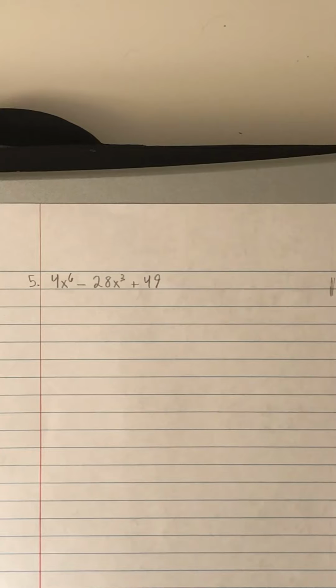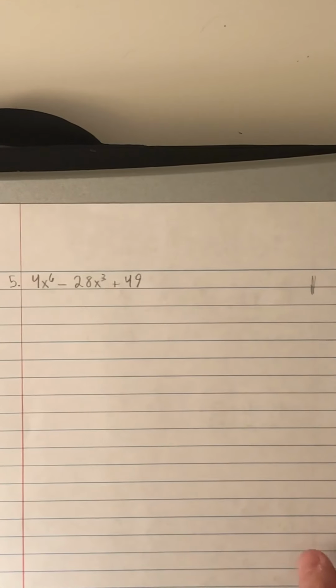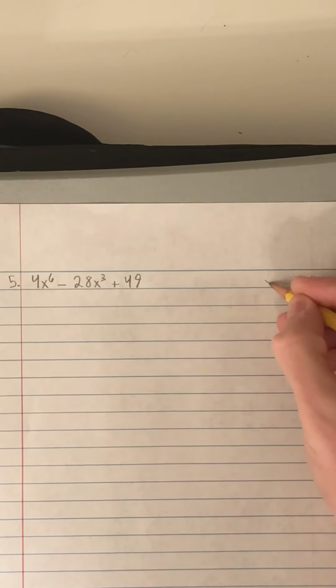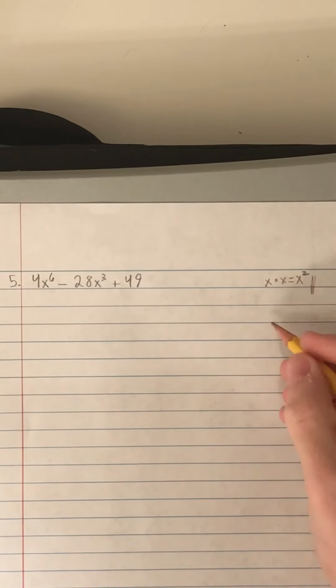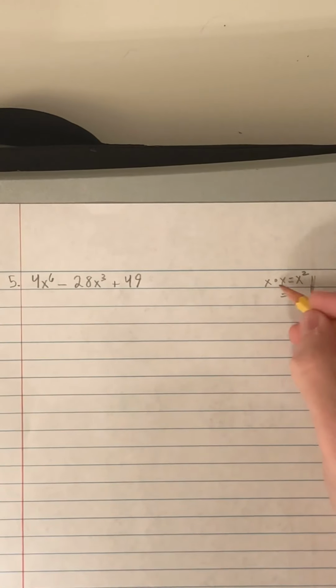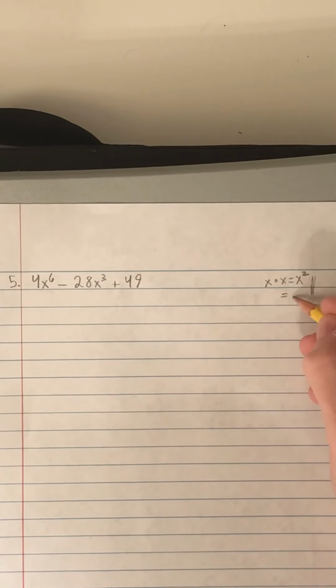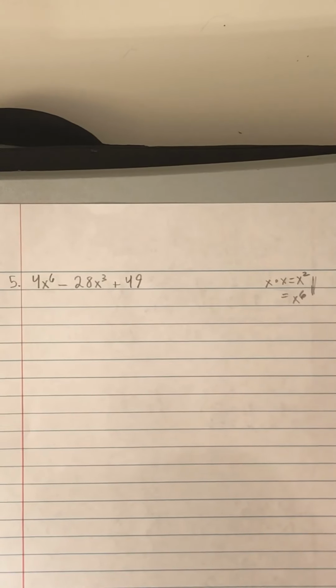So for my last problem, I have 4x to the 6th minus 28x cubed plus 49. So a little different, but let's think through the same process that we thought through with the x to the 4th. So remember that x times x is x squared. And we want them to be the same exponent, x to the 6th.